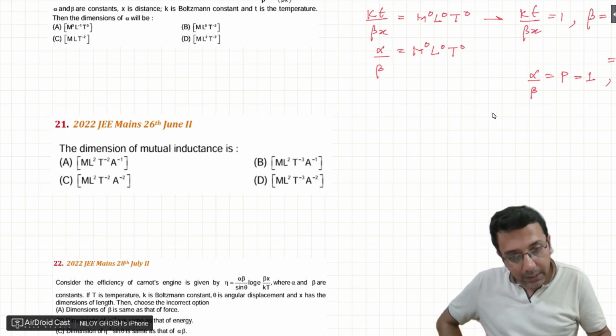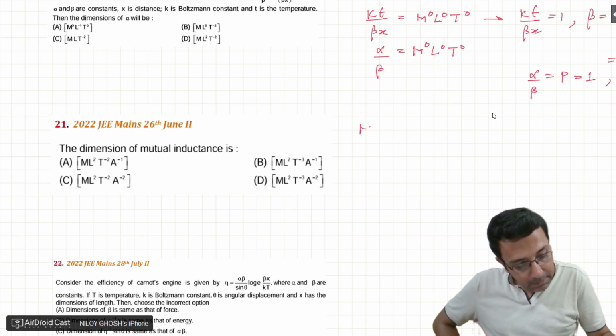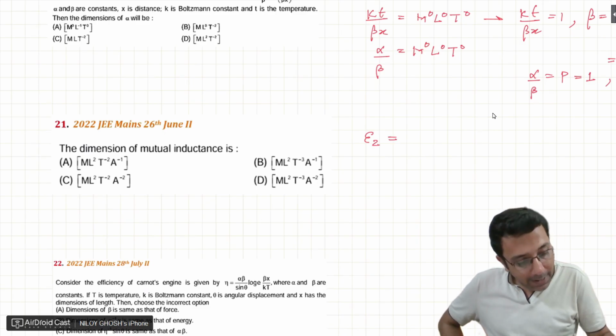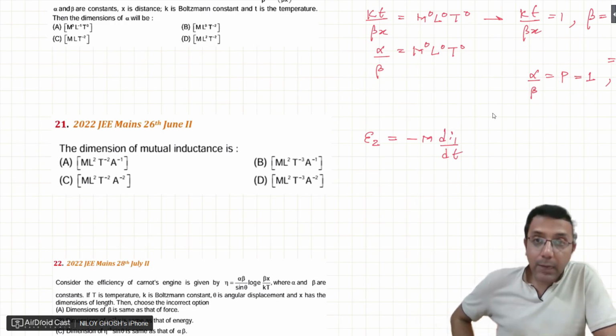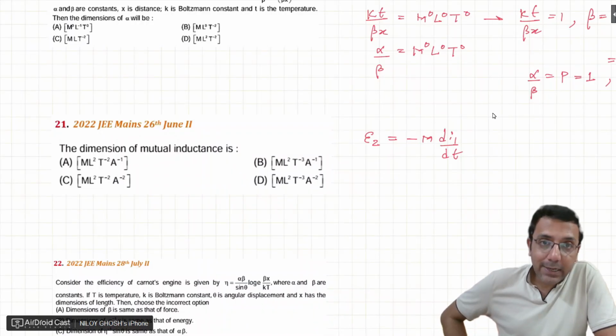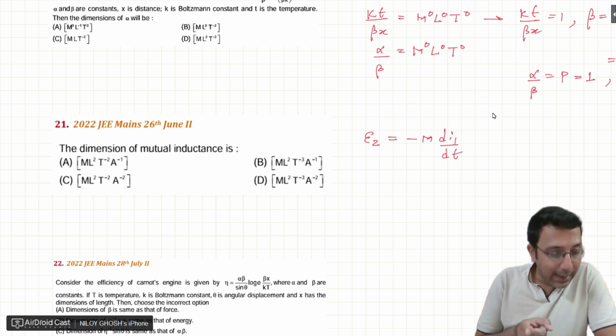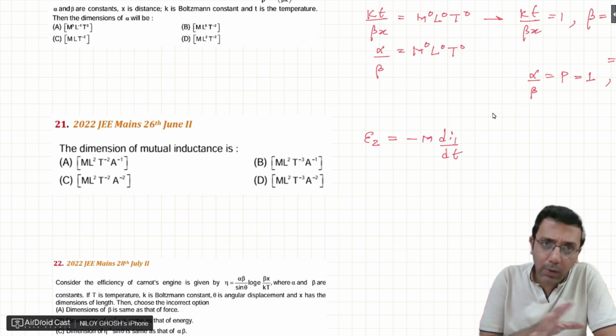So how to find it out? We can write it directly like this: E2, that is the EMF induced in coil 2, is equal to minus M dI1 by dt. dI1 by dt is the rate of change of current in coil 1, and the EMF induced in coil 2 is equal to minus capital M dI1 by dt. The minus sign has something to do with Lenz's law, we'll discuss it when we are in the chapter of electromagnetic induction.